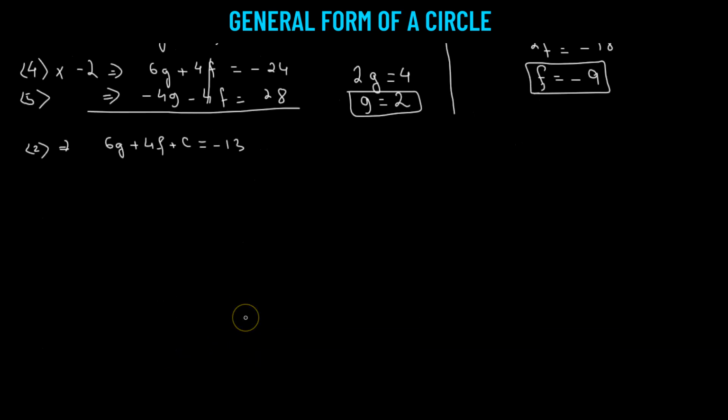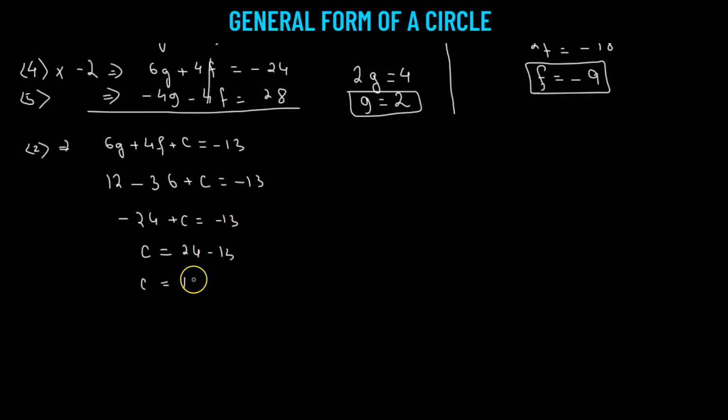We'll replace the value of g with 2, so we have 12, and replace the value of f with negative 9. So negative 9 times 4 will be negative 36 plus c equals negative 13. So this is going to give us negative 24 plus c equals negative 13. So c value will be equal to 24 minus 13. So c comes out to be equal to 11.